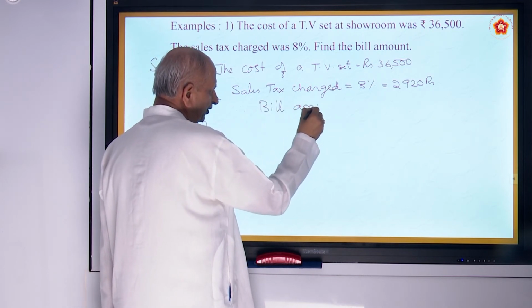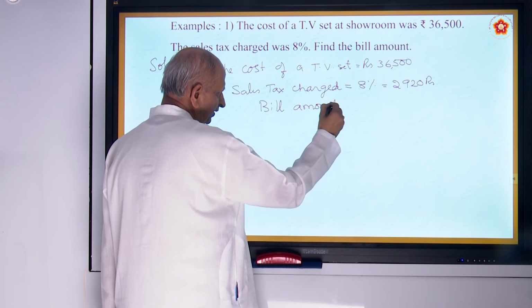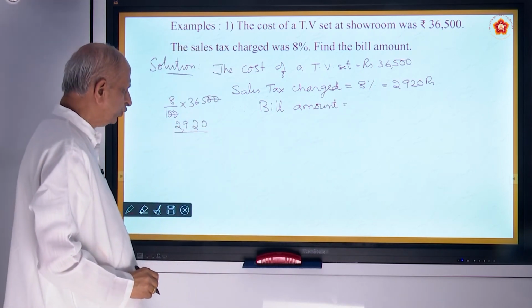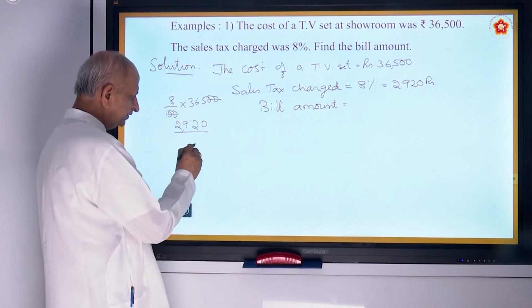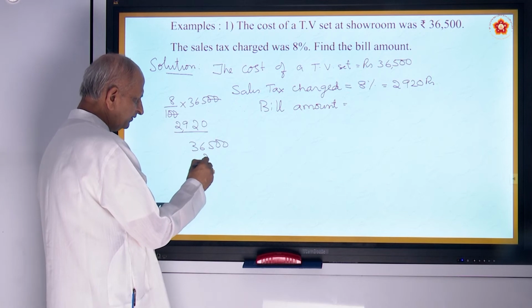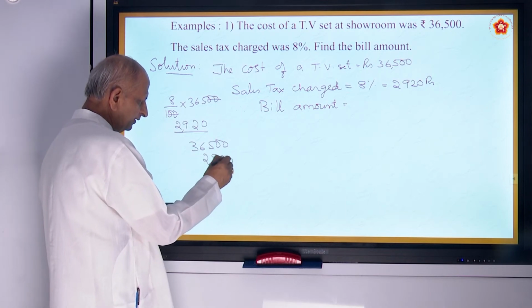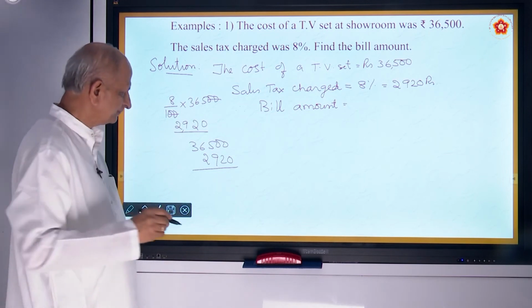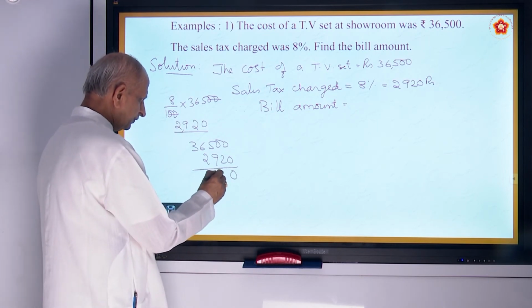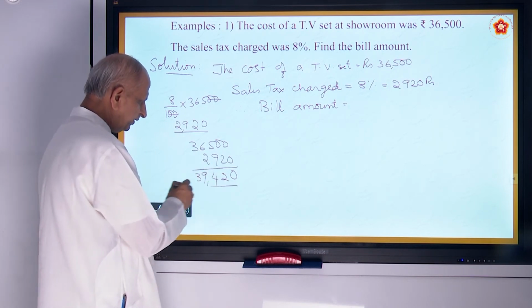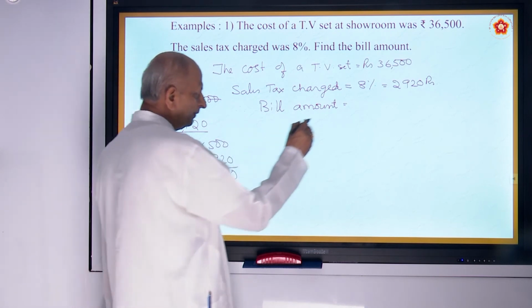When a customer wants to buy this TV, he has to give the sales tax also. So that is 36,500 is the CP. Tax is 2,920. They will mark it in the bill only. Sales tax so much. 39,420 is the bill amount.